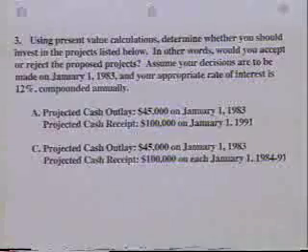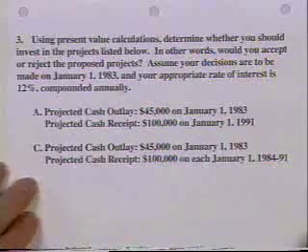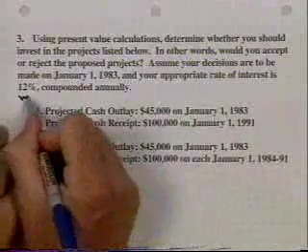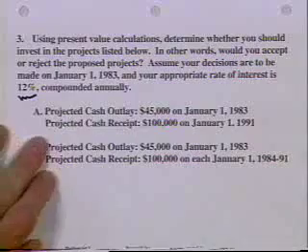Question number 3. You are asked to accept or reject these projects. Project A, and the key here is that we have a 12% required rate of return. That's very important to keep in mind.